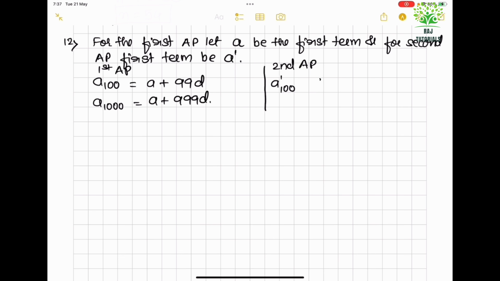A dash 100 will be A dash plus 99D, and the 1000th term dash equals A dash plus 999D. Given, the difference between the 100th terms is 100.